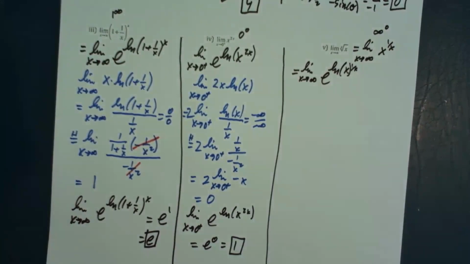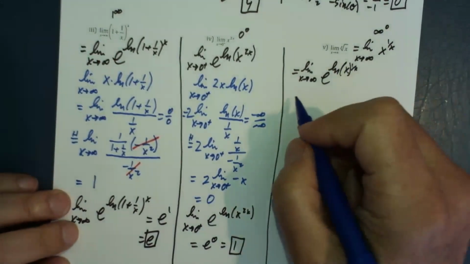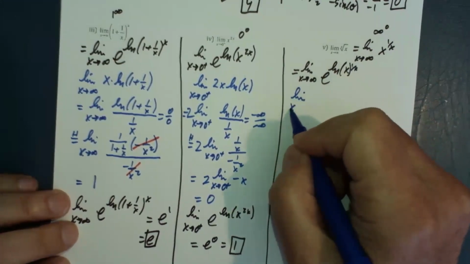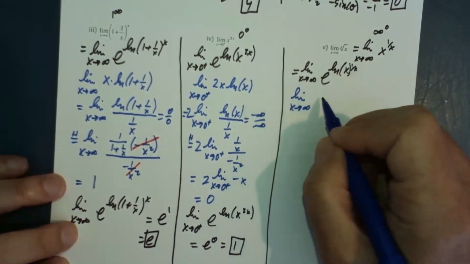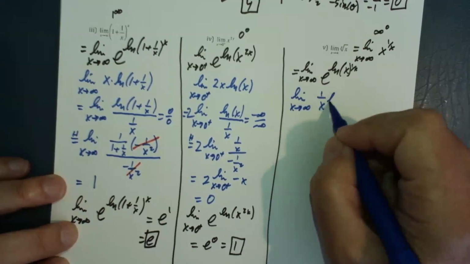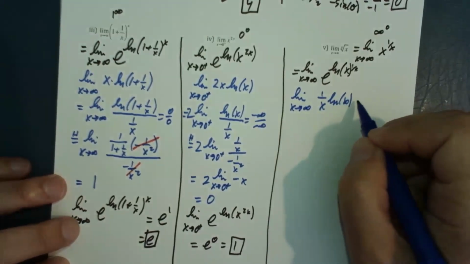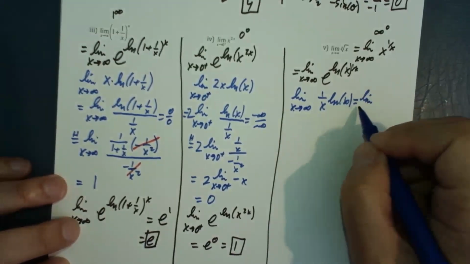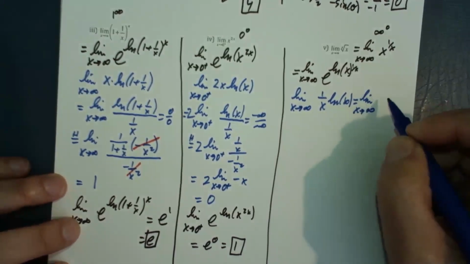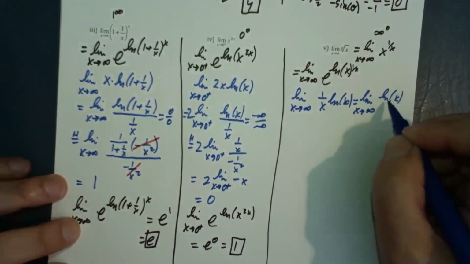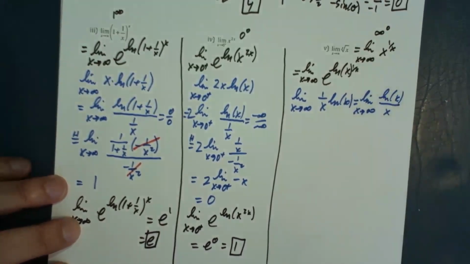And once again, I'm just solely going to focus on the natural log exponent part. This becomes 1 over x, ln of x, or ln of x over x.